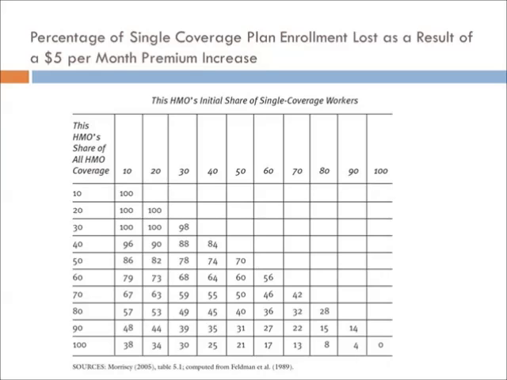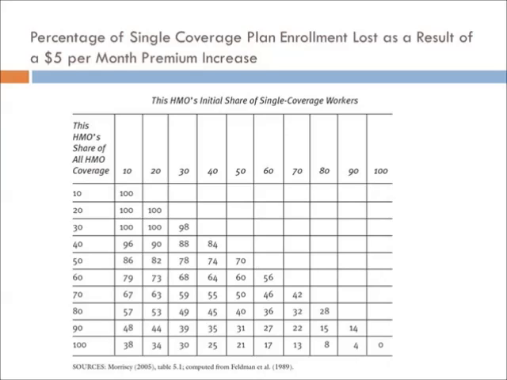This chart comes from Feldman's research and really is one of the first that deals with the availability of substitute sources of coverage outside an employee's own firm. As you can see, if the HMO is a small player or only has a small percentage of the business, any increase at that point is going to cause a substantial loss of enrollment to other HMOs.